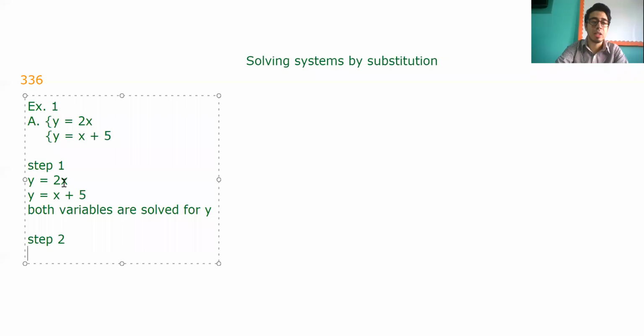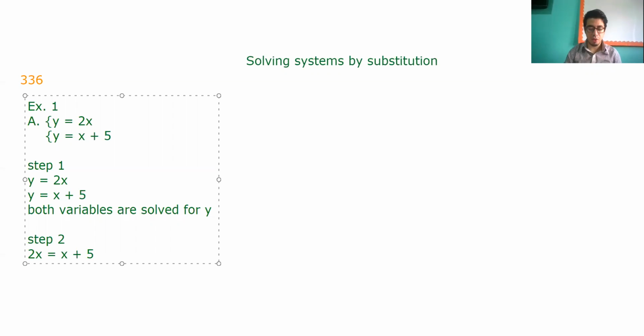For example, if I replace 2x as the value of y in the other equation, you can see that both of them are equal to y. So I can perfectly replace and say that 2 times x is going to be x plus 5.